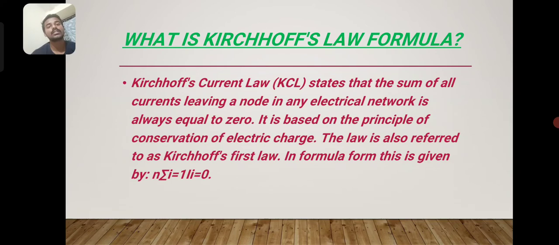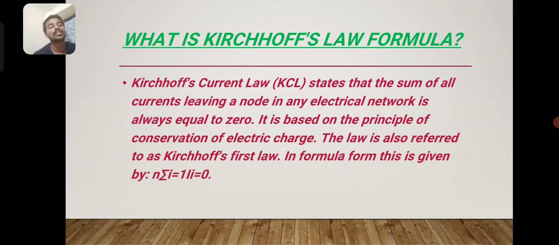And what is Kirchhoff's law formula? Kirchhoff's current law, KCL, states that the sum of all currents leaving a node in any electrical network is equal to 0, which is based on the principle of conservation of electric charge.